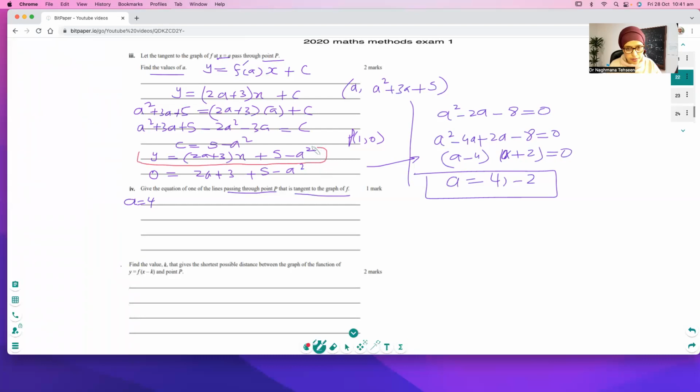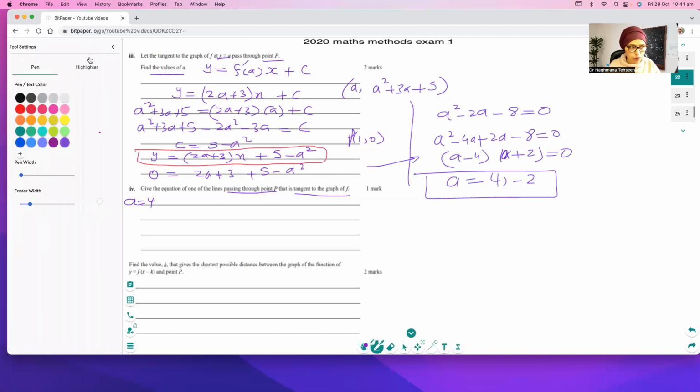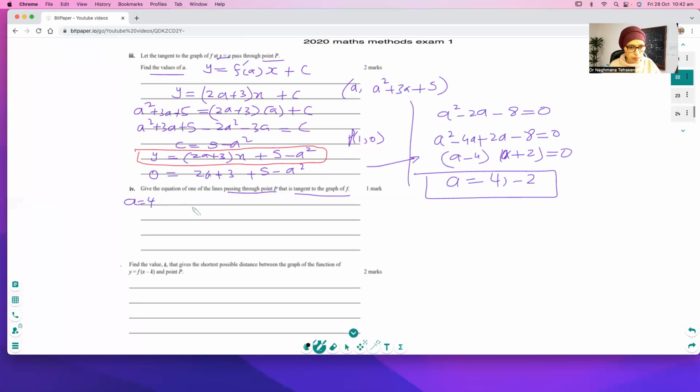Let me highlight that. This one. So when a is equal to 4, what we're going to get is y equal to 11x minus 11. Or we can also say when a is negative 2, y is equal to what? Negative x plus 1.